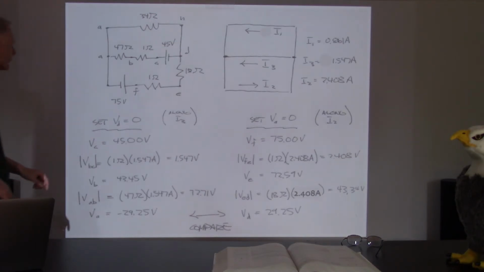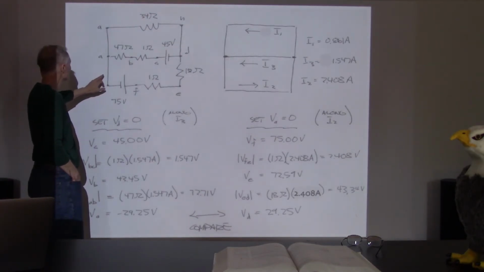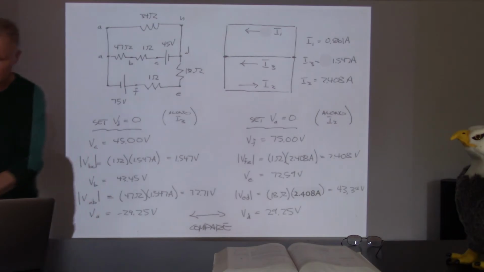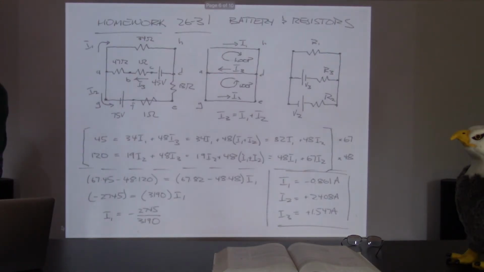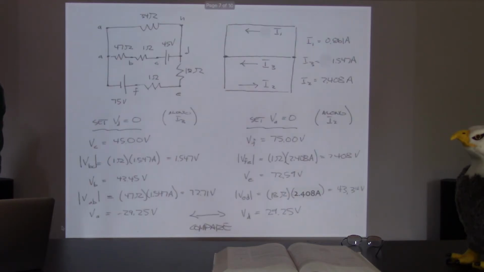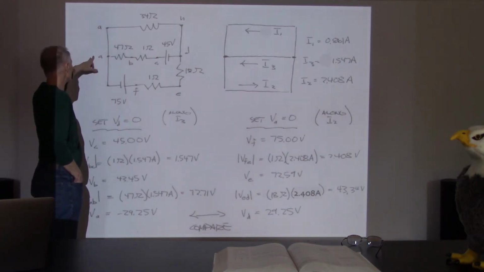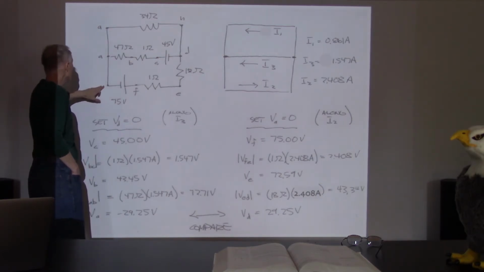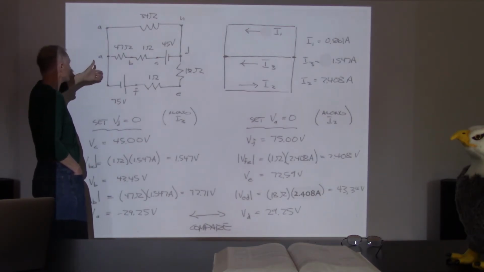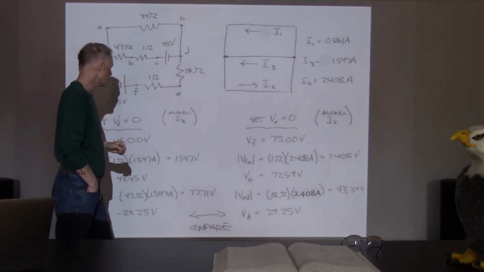I did lose track of G. G is the same as A, right? So they really didn't need both of those. If I've copied this down correctly, we didn't need to keep both. Anyway, apparently G is over here, but it's the same as A. This is A, this is A, this is A, because that's a direct connection. Those are all at the same voltage.